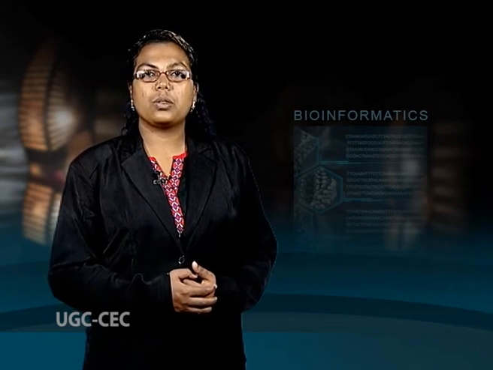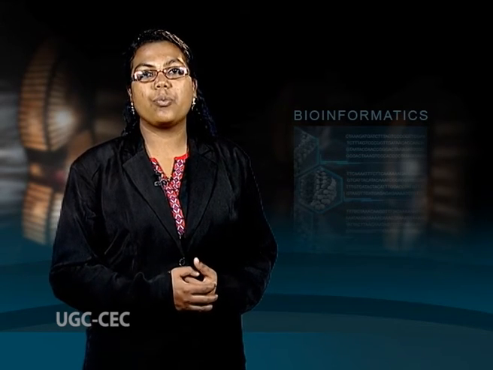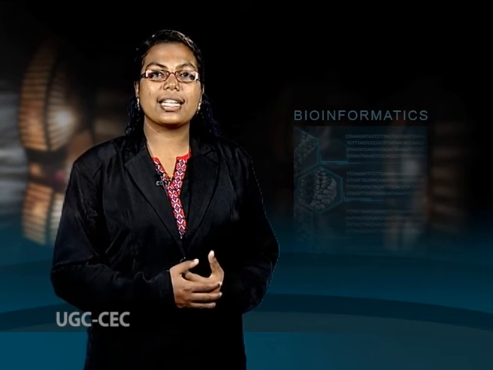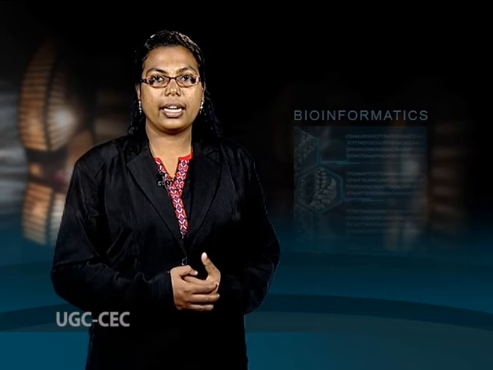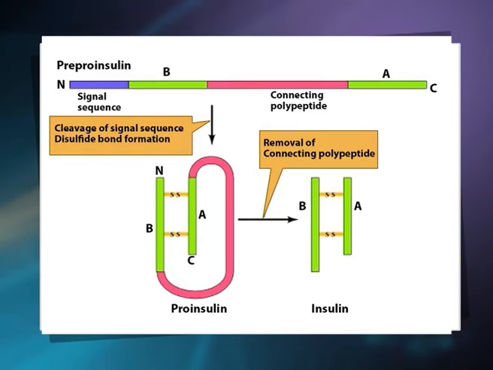The processing pathway involves the removal of the first 24 amino acids to give proinsulin, followed by two additional cuts which excise a central segment, leaving two active parts of the protein, the A and B chains, which link together by formation of two disulfide bonds to form mature insulin. Please see the figure on screen, which shows the proteolytic processing of insulin.